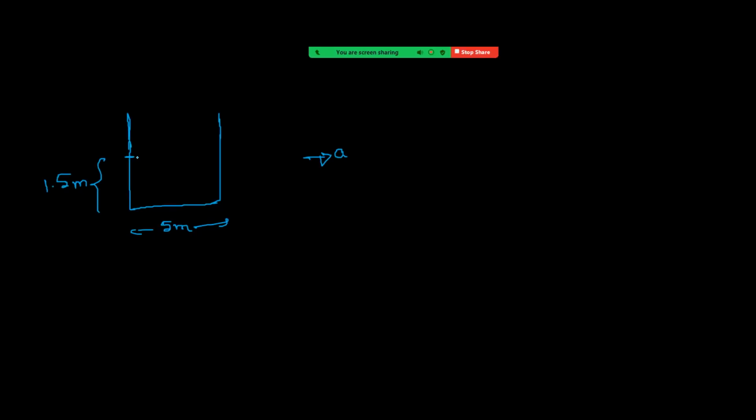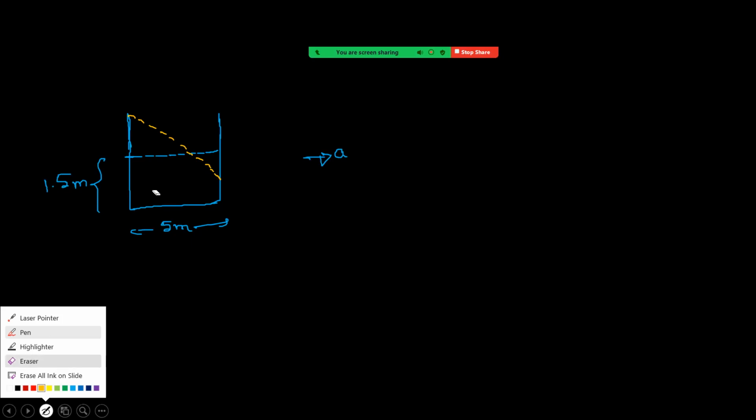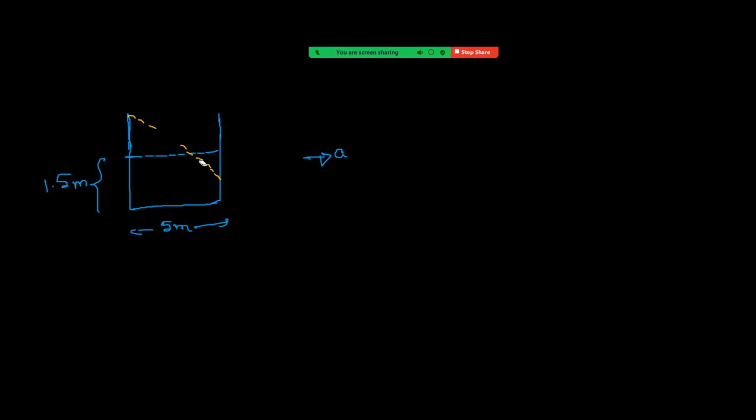Not spilling means initially the level was like this, and now the level can become like this. In fact, we have to make this diagram properly. It has to pass through the midpoint of this line.